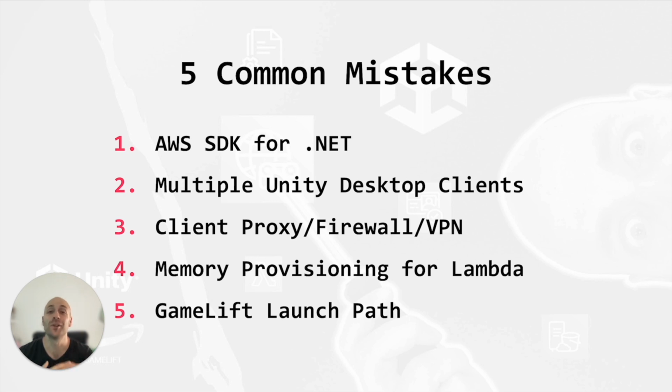Now about the connection between Unity and the game server. A guy sent me a message telling me that everything was okay with the architecture, the Lambda function was called successfully, there were no errors in GameLift and the game sessions were created correctly. However, the Unity client was unable to connect to the game server.